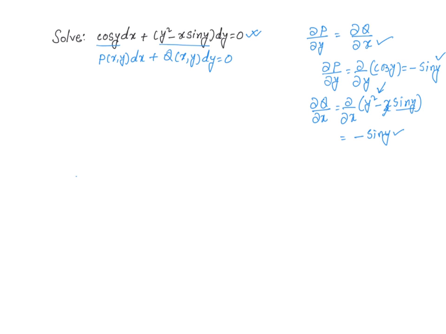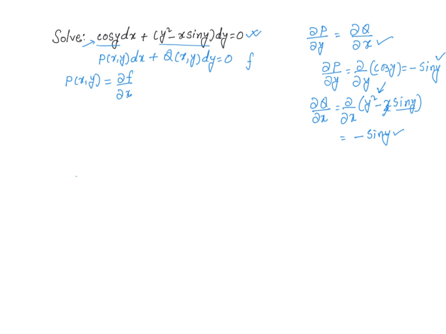That's not hard. We know that there is a potential function, the function that we are looking for, which is going to be the solution to this differential equation. So let's call it f of x comma y, with del f over del x equal to p of x comma y.